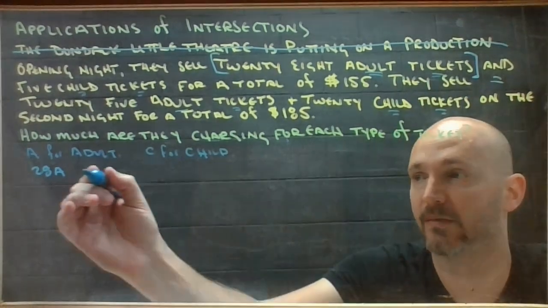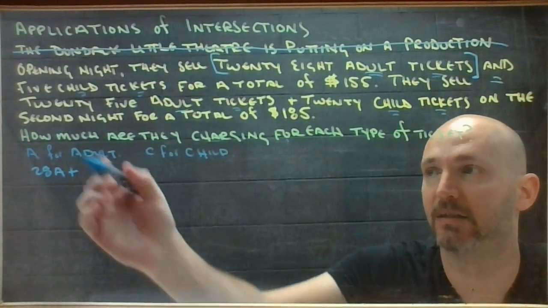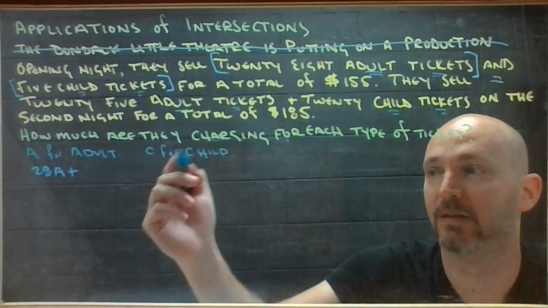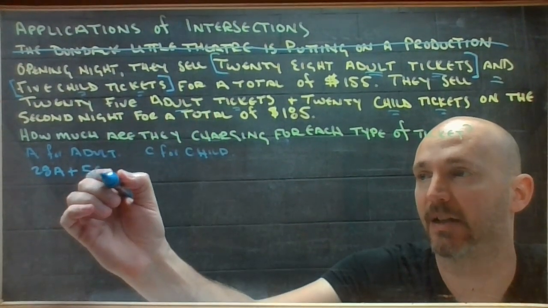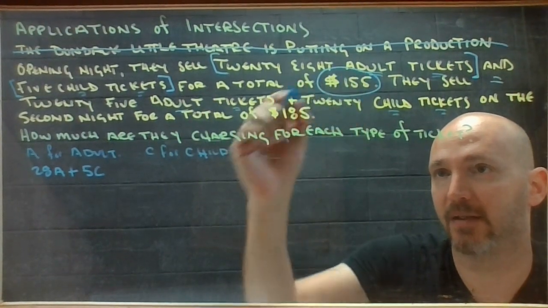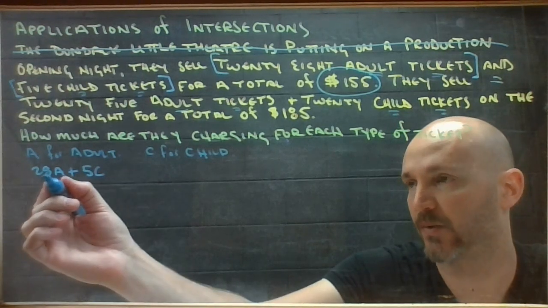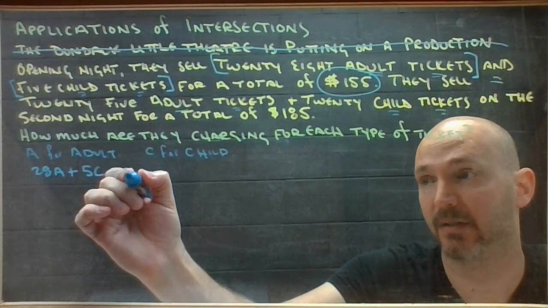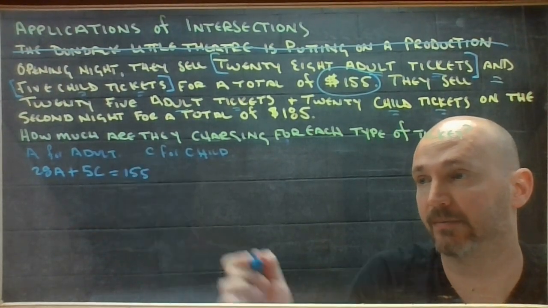And I'm going to add something to that pile. 5 child tickets. There they are, 5 child tickets for a total of $155. So 28 adult tickets and 5 child tickets has to add up to 155.